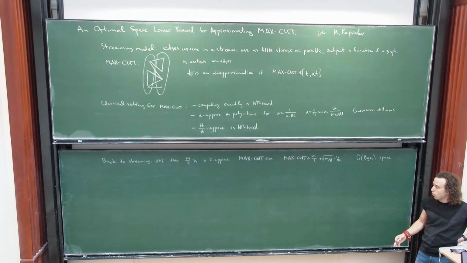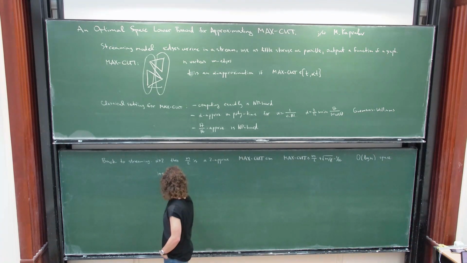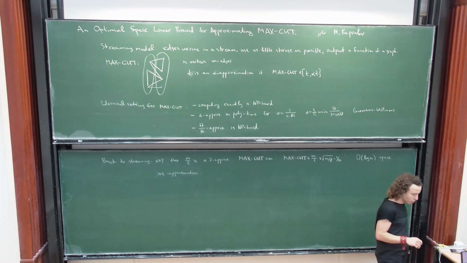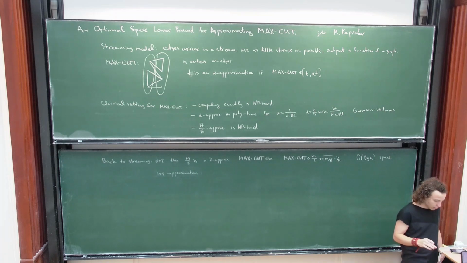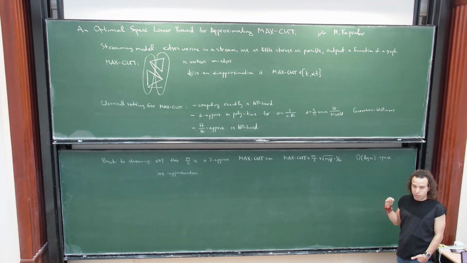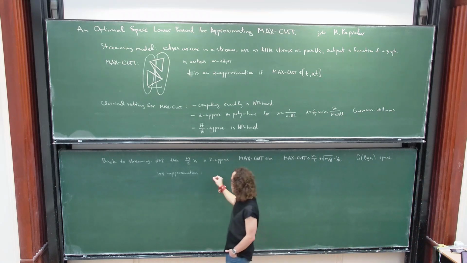Okay. So you have 2 approximation in logarithmic space, and what is the opposite side? If you want 1 plus epsilon approximation, then one thing you can do is store a subsample of your graph. You take every edge and retain it with constant probability, so that the total number of edges you retain is roughly linear in n, with constant depending on epsilon.